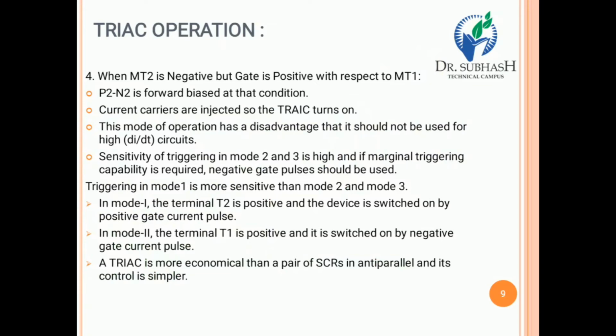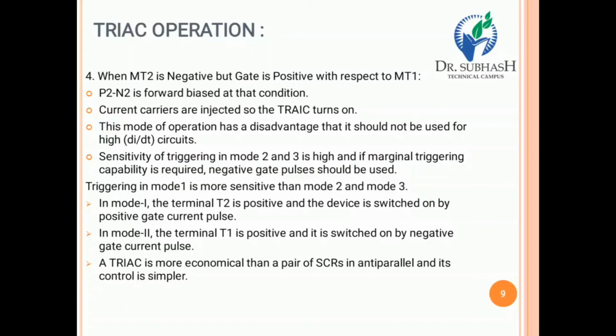This mode of operation has a disadvantage. It should not be used for circuits with a higher value of di/dt. The sensitivity of triggering in mode 2 and mode 3 is high, and if marginal triggering capacity is required, a negative gate pulse should be applied. Triggering in mode 1 is more sensitive than in mode 2 and mode 3.